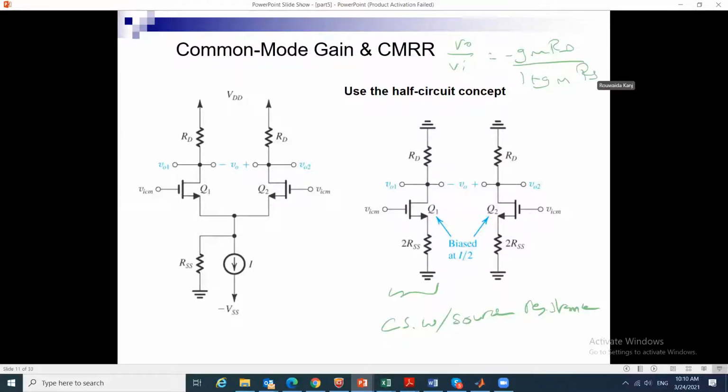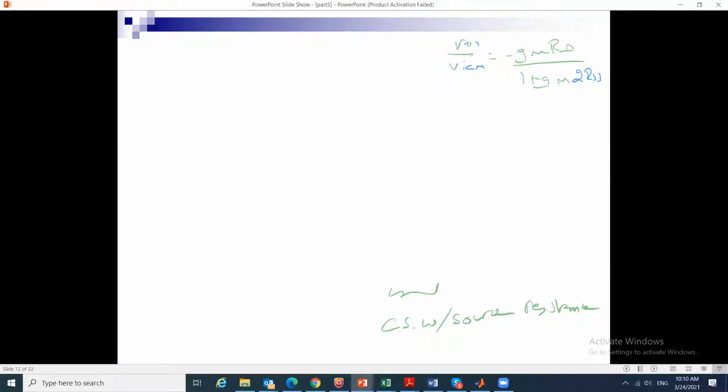In this case, we will replace RS by 2 RSS. Okay, so this will be 2 RSS, and Vn is nothing but VICM. So I can know what VO1 over VICM is, and I can know what VO2 over VICM is.